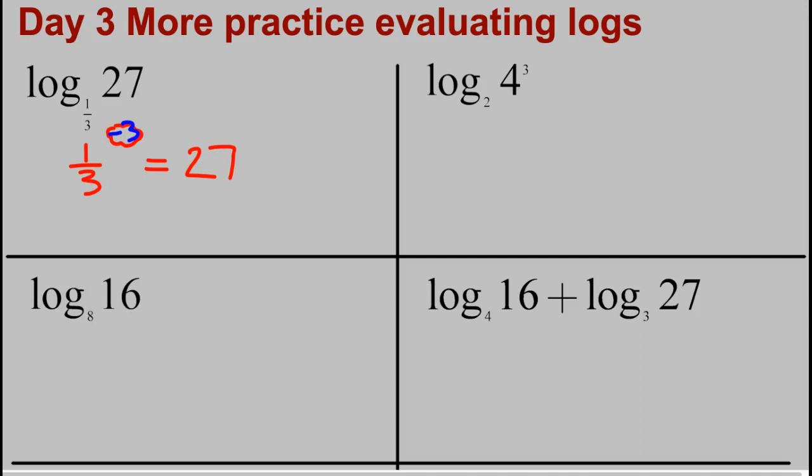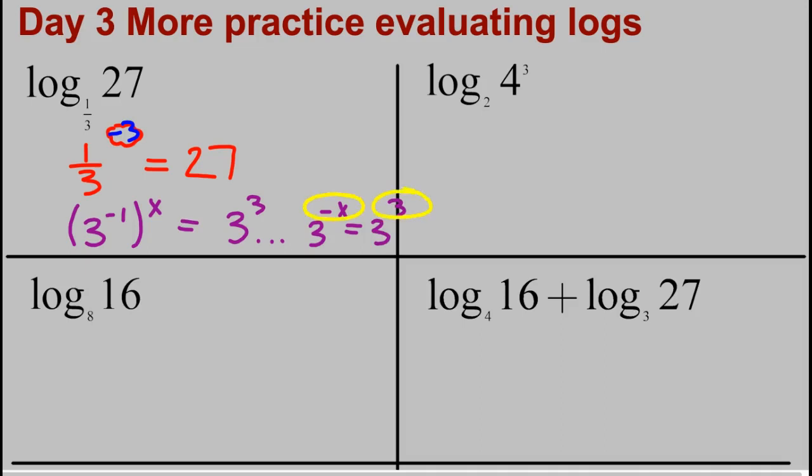Some of you want a little more structure and you want to rewrite it with the same base, then that would be the strategy. So rewrite with the same base, and they're both powers of 3, so 1/3 is the same as 3 to the -1. The unknown I'll write as an x, and then 27 is 3 to the third. So now we have the statement 3 to the -x equals 3 to the third. That will be true if we have the same bases when the exponents are the same.